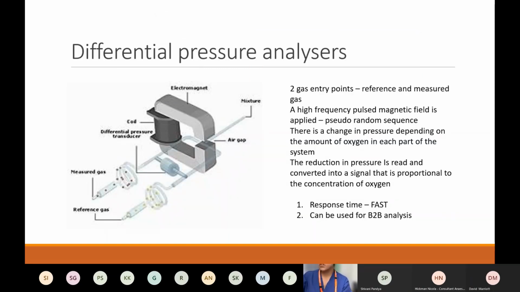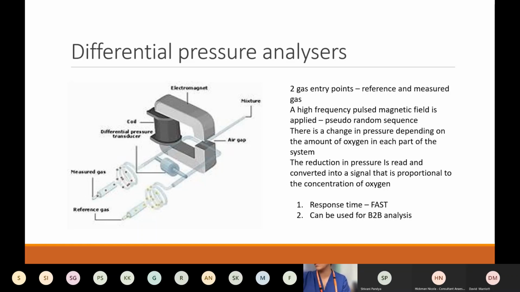The more modern systems use a differential pressure analysis, which is a slightly different way of measuring the oxygen concentration that doesn't rely on nitrogen or photocells. There are two entry points, which you can see. I'm sorry, the picture's not very clear. I took this straight off another PowerPoint and it didn't quite expand properly.